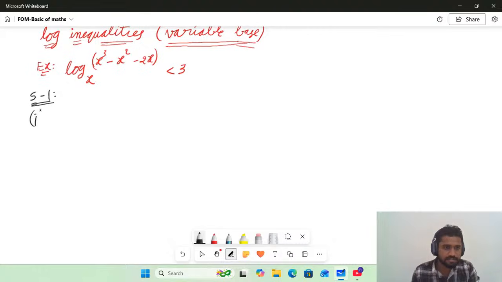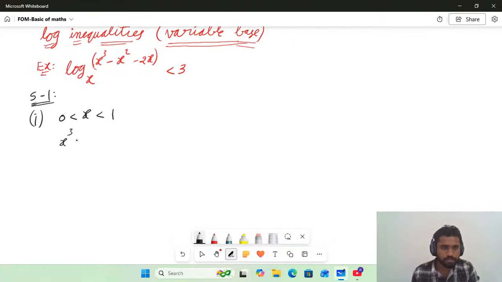The first case is base lying between 0 and 1. If the base is lying between 0 and 1, what will we do? We will change the sign of the inequality.